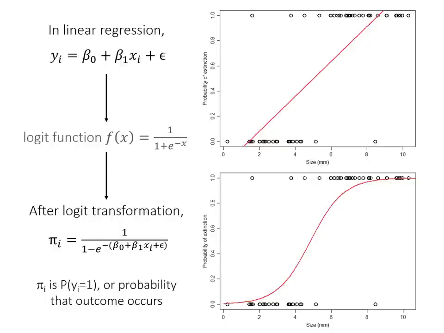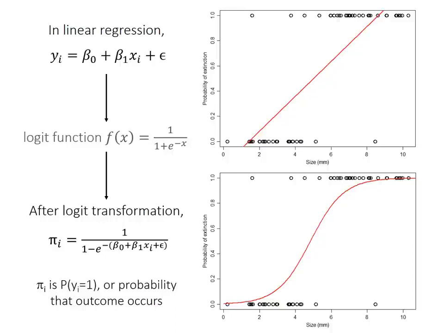So here's how the method works. Remember, the linear regression equation describes the dependent variable y in terms of an intercept, beta 0, a slope, beta 1 times the x value, and then each point is going to have some residual because not all points fall exactly on the line. So if we do that, we get something like the red line in the top graph here, which is obviously not a good description of the relationship. But after applying this logit function, we then get the equation at the bottom where pi i is the probability that the outcome occurs.